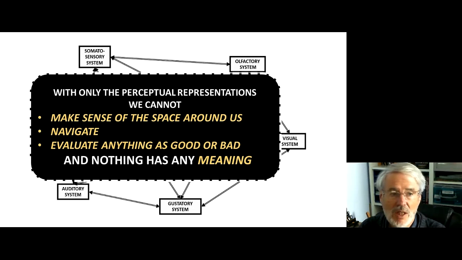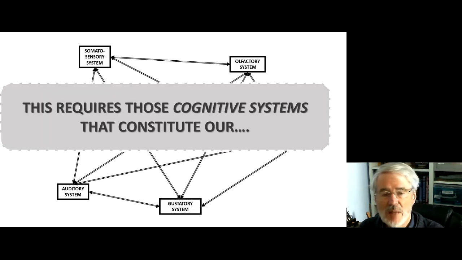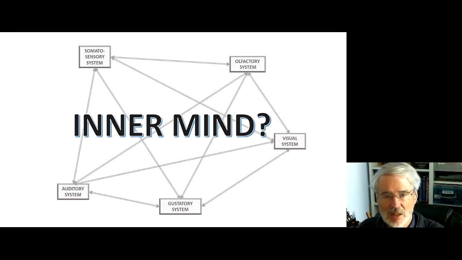And to have all this dimension, we require the cognitive systems that constitute what I call our inner mind, right? So the inner mind is a way of interpreting, making sense of, evaluating the various representations we have stored, created in our outer ring of systems in the perceptual portal.